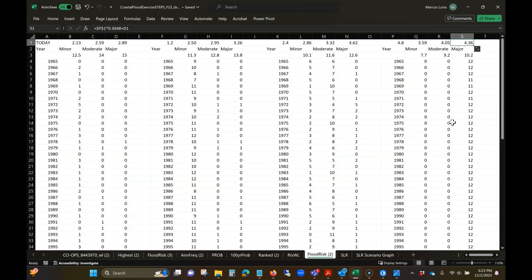But to show you how to do it, I'm going to pick one of them, and then you can replicate that for the other three. So we're going to focus on 2050, the middle scenario. I'm going to map out what areas would flood under a minor flood with that water height, and the moderate and major, and then we'll label the map so that it's clear what we're looking at.